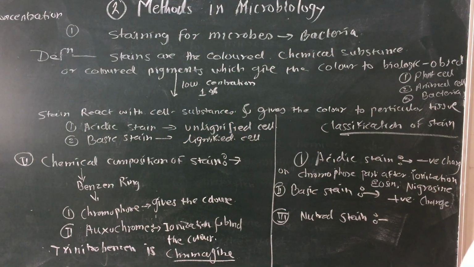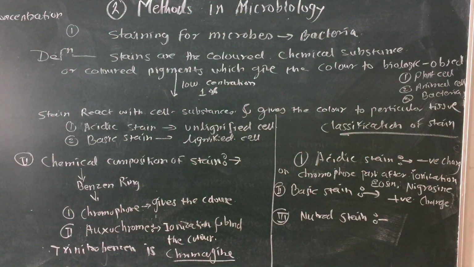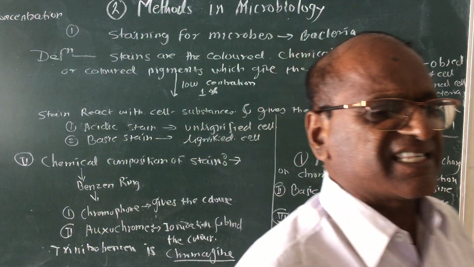For example, eosin, nigrosin, or Indian ink, etc. In eosin, actually the eosin chemically consists of sodium plus eosinate. The chromophore part of eosinate is negatively charged. Hence, the eosin is an acidic stain.